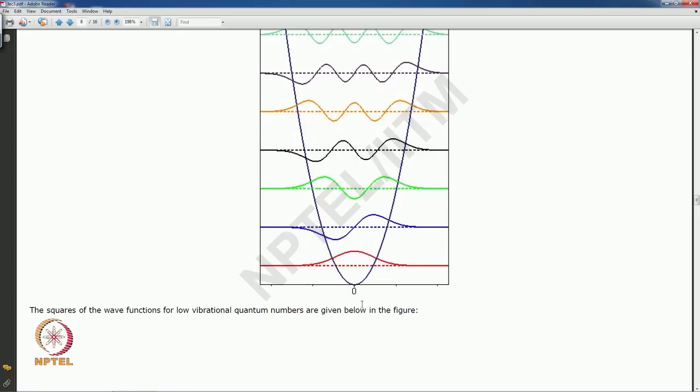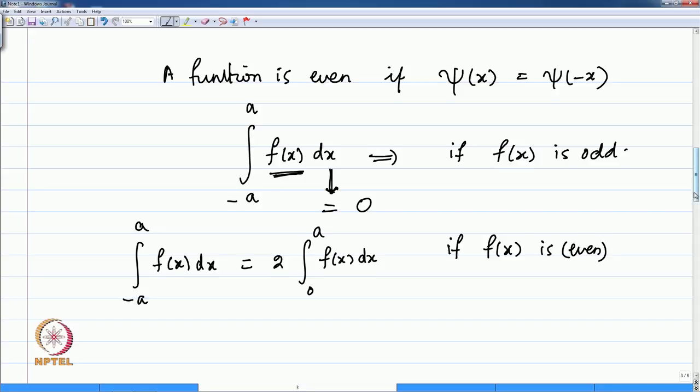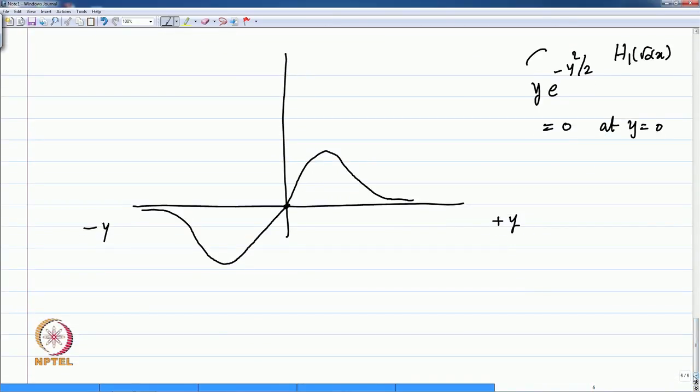These are wave functions, and likewise the next function, which is 4y square minus 2 times exponential minus y square by 2, gives you this shape, namely it is negative in the middle, and then there are 2 points where the function goes to 0, and those 2 points are essentially the points where 4y square minus 2 vanishes.